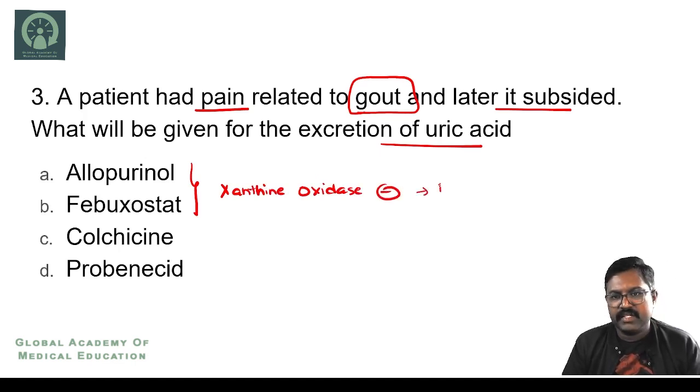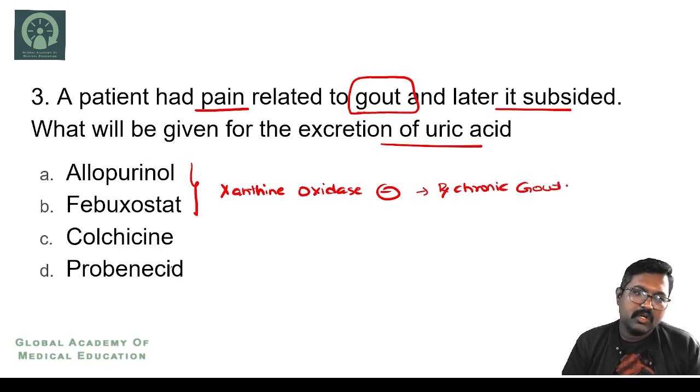They are usually used in the treatment of chronic gout. Whereas colchicine is mainly used for the treatment of acute gout.